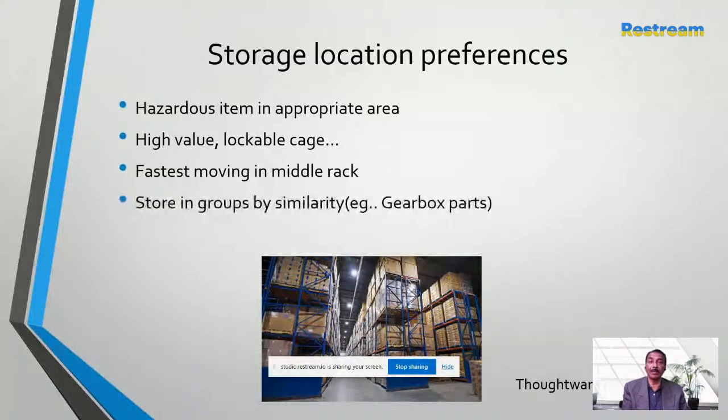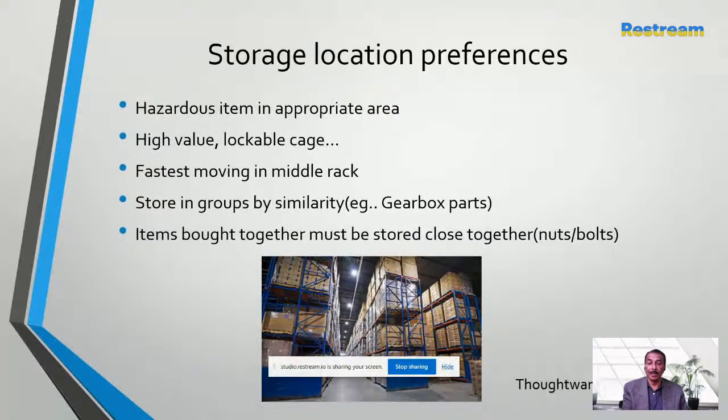For example, gearbox parts or motors or cables are stored in a specific location. Possibly, you can also see from a customer angle, items bought together must be stored together or used together. For example, in a production environment, a nut cannot be used separately, so nuts and bolts or female and male parts are stored together.